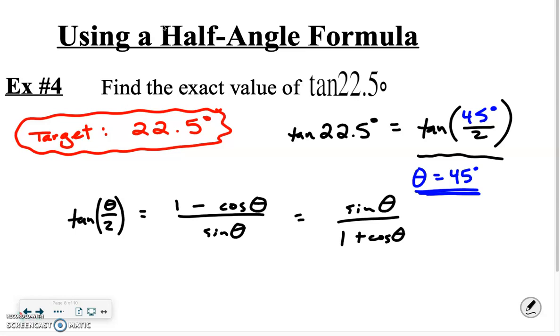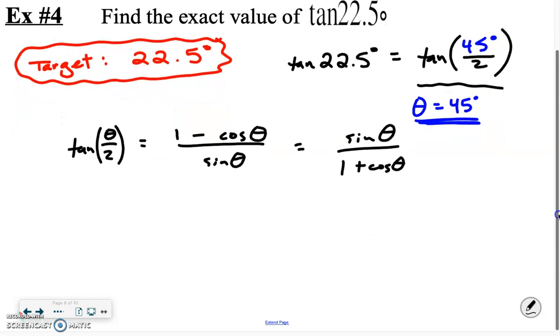Okay. Now, I wrote this up using thetas again, frankly, out of habit. In the note packet that you all received, it says tangent of u over 2 is equal to 1 minus cosine u over sine u, and so on. I try to stay consistent with the textbook there, but I guess my own habits are creeping in. So, first decision that we need to make is which of these formulas do we want to use?